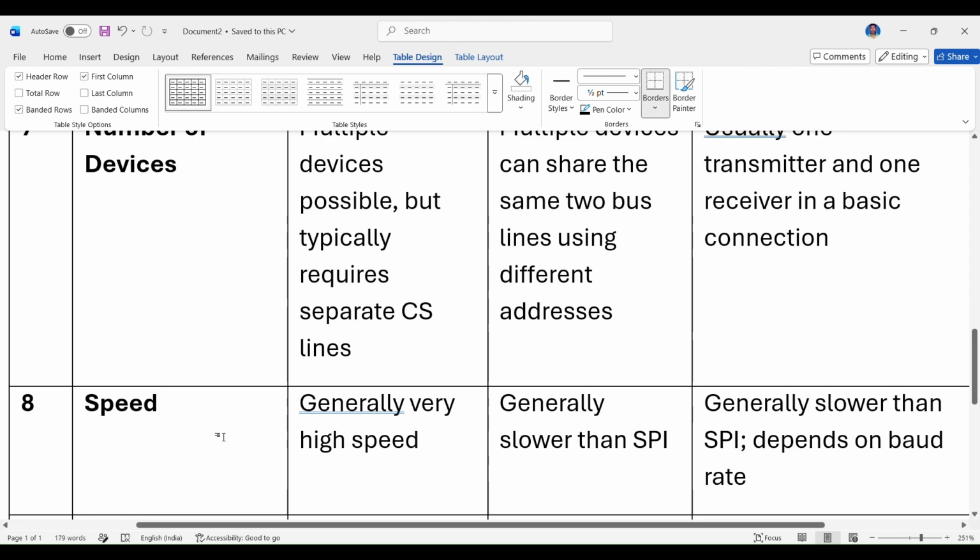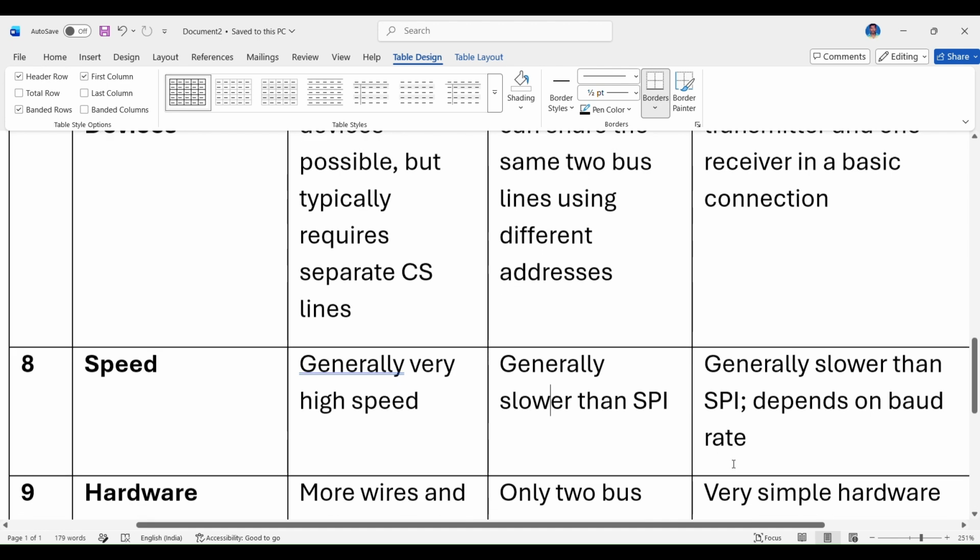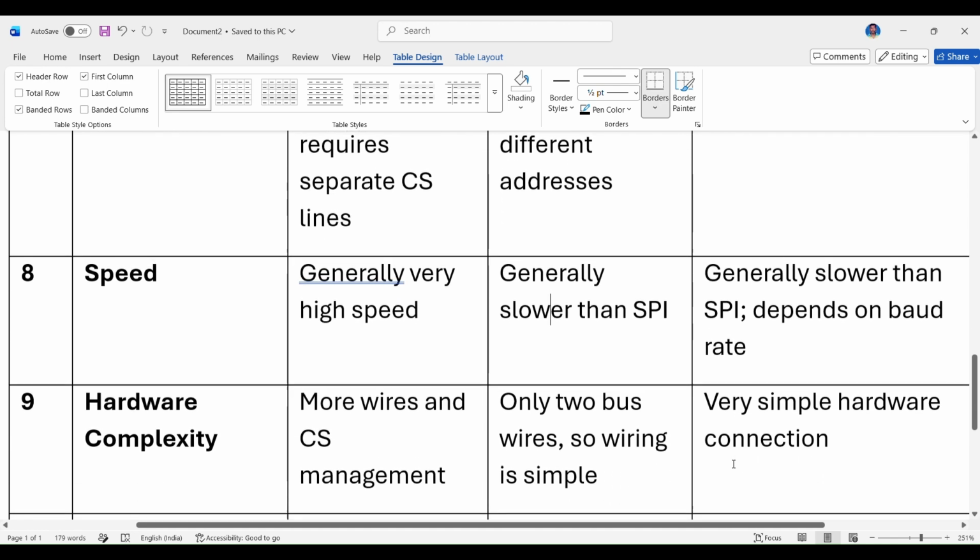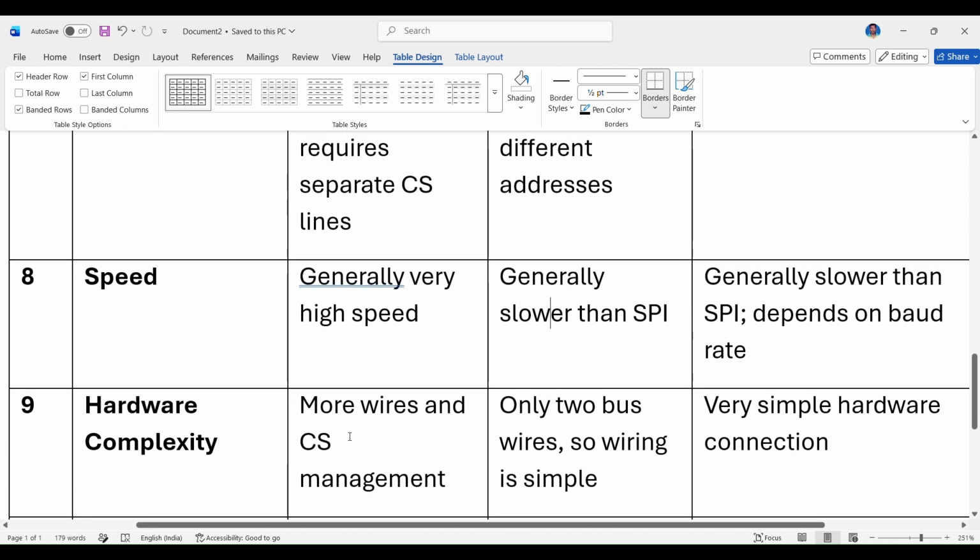Coming to speed, SPI is very high speed compared to I2C or UART. Coming to hardware complexity, in SPI many wires are required. For example, if more slaves are connected through select pins, more wires are required, so hardware complexity is more.